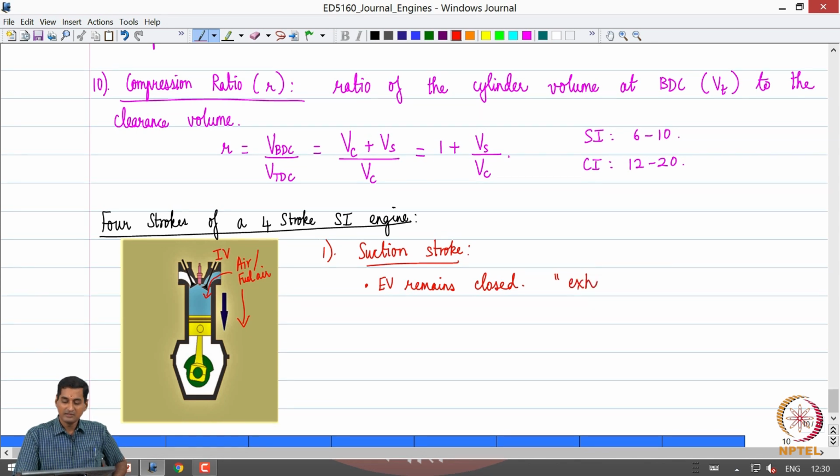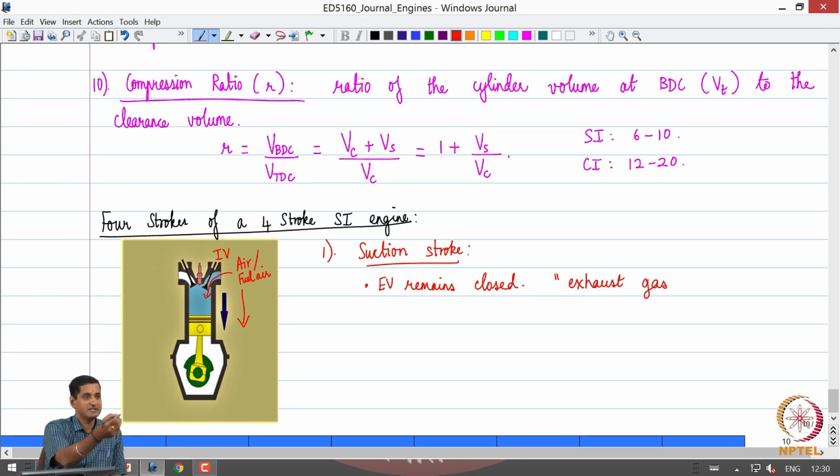So, the camshaft becomes very critical here. It has to operate in such a way that during the intake stroke it opens only the intake or inlet valve, but it closes the exhaust valve. Why? Because if the exhaust valve were open, the exhaust gases present in the exhaust manifold may come into the combustion chamber due to the pressure difference.